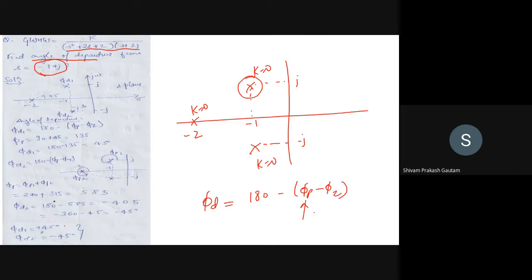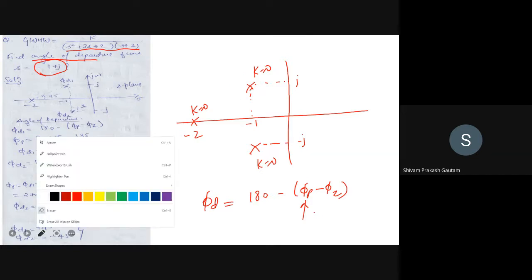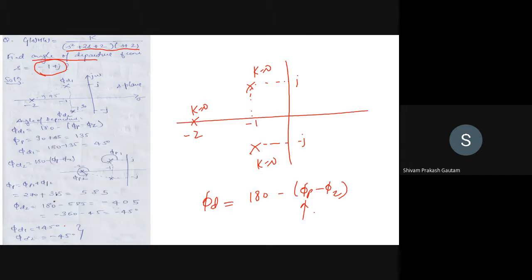So that means this pole is under consideration. How can you calculate phi p? One phi p will be from here, another phi p will be from here. You can directly see that this is 90 degree, and this is 1, and this is also 1, so this will be 45 degree. So phi p will be equal to 45 degree plus 90 degree, right? You can see that this is 135 degree.